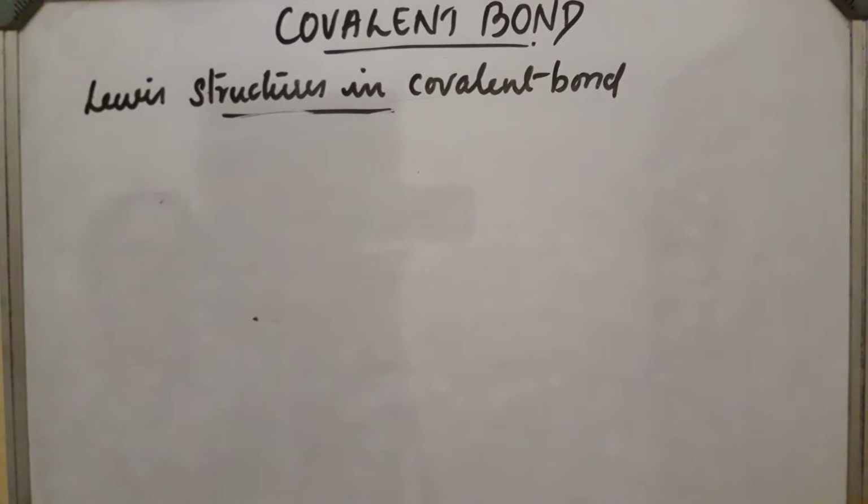Next, let us discuss some important points while writing the Lewis structures in covalent bonds.